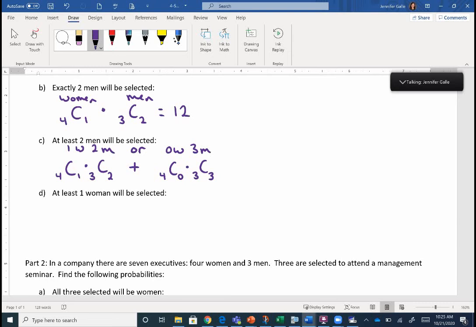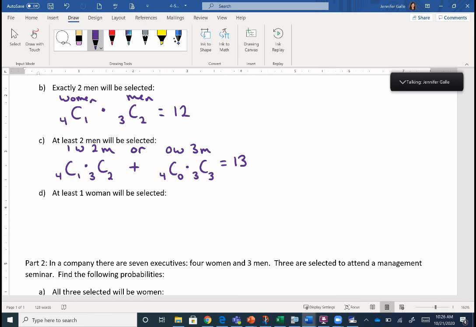I can't have both situations at the same time because then I've selected way too many people. It's either going to be that first situation with 2 men or the second situation with 3 men. And you do a little computation. Did anybody do this? 13? Yeah. Awesome.